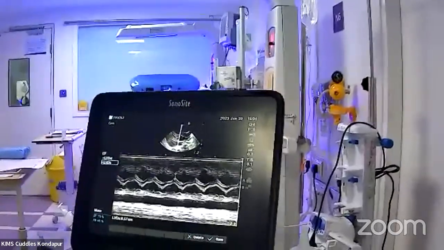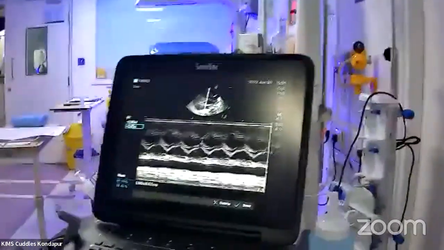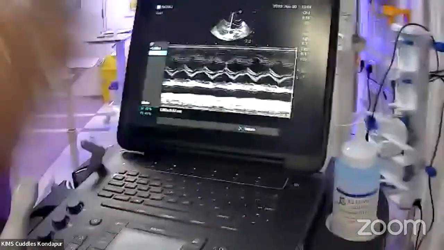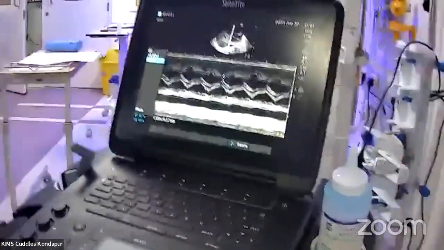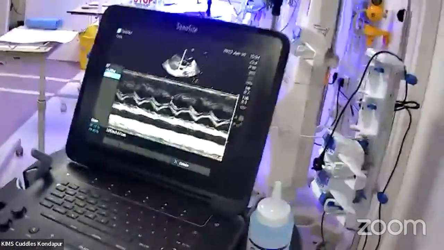It's 0.57. And we'll have to save calculator. So 1.1 minus 0.5 divided by 1.1. So it's coming to a calculated EF of 82%, which is fairly acceptable.